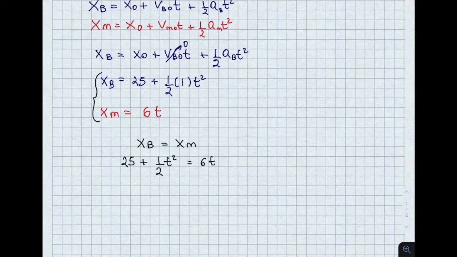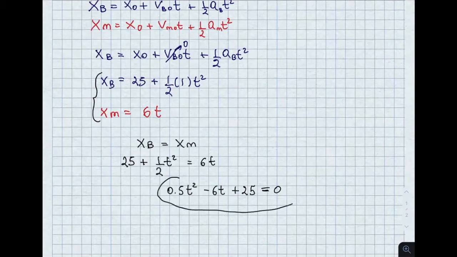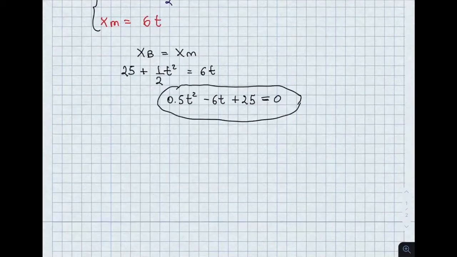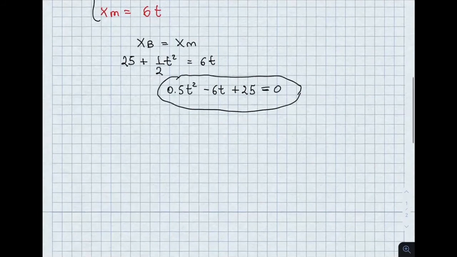I can write this as 0.5 t squared minus 6t plus 25 equal to 0. This is a quadratic equation, and we can solve it using the quadratic formula.